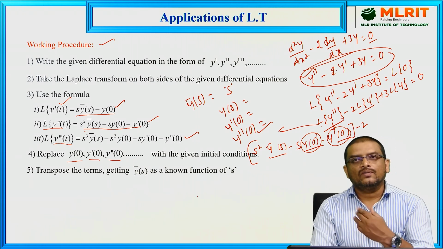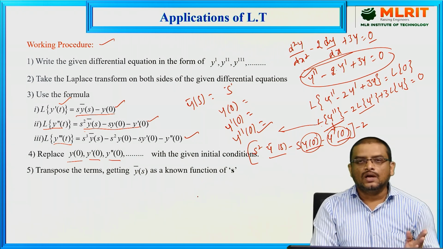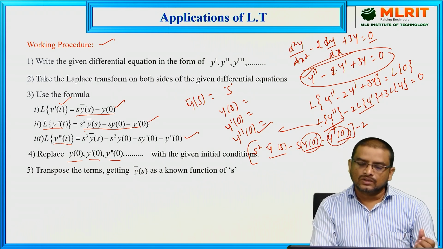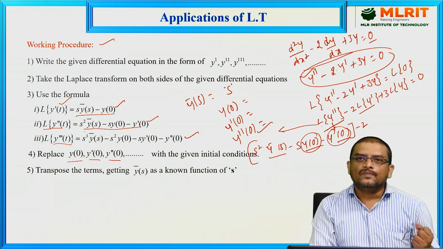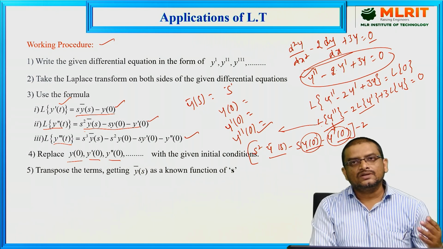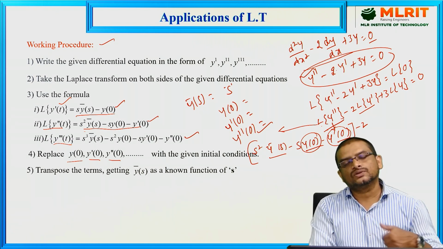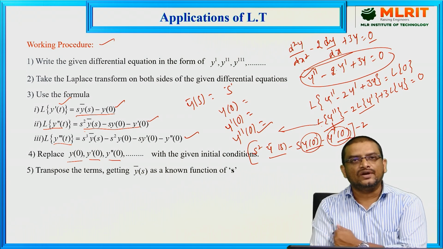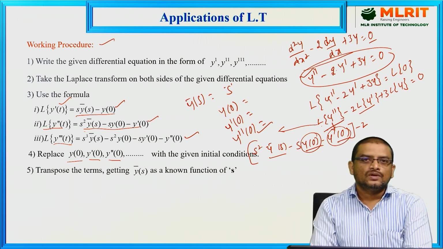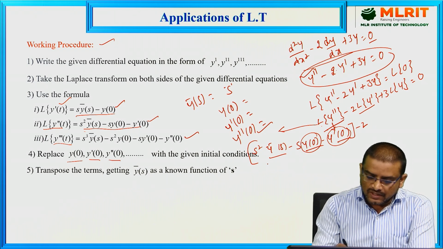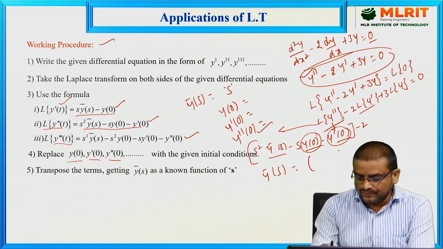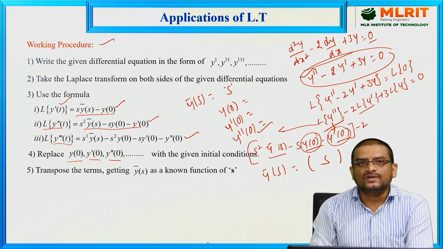So you take the y bar of s terms to one side, and you send the remaining terms to the other side, and then take y bar of s common from the terms on the LHS, and then you send that coefficient of y bar of s to the other side, where it becomes the denominator. So we have to do these simplifications in the fifth step. Then it will be converted to y bar of s is equal to a function in terms of s.